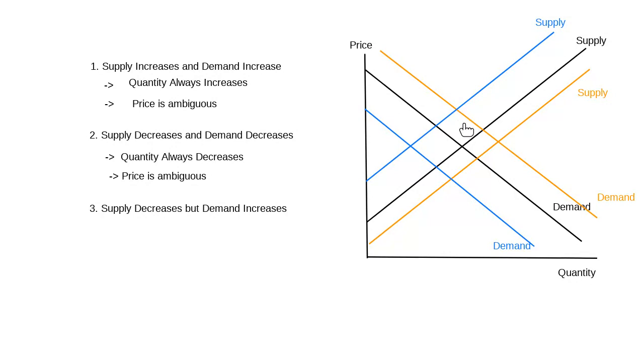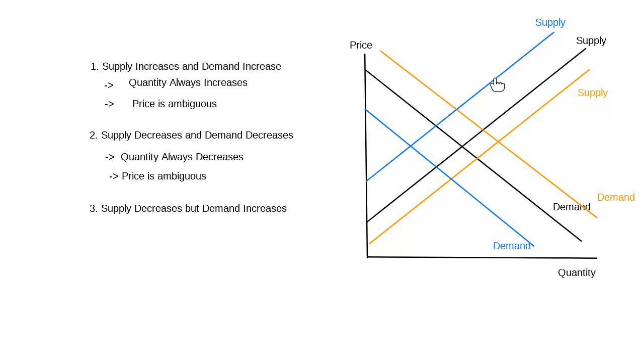All right, so this means now under this scenario, scenario 3, price always increases, because the new equilibrium is always going to be somewhere above the old equilibrium. What we don't know is about quantity. Quantity could be over here, or quantity could be over here. If it's over here, it's decreasing. If it's over here, it's increasing.